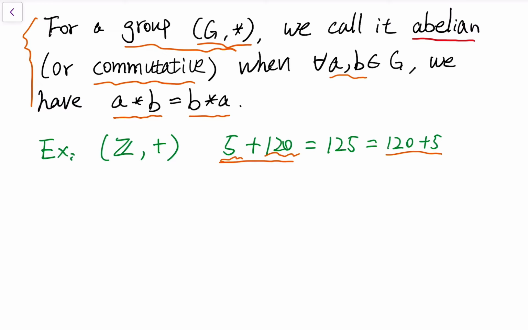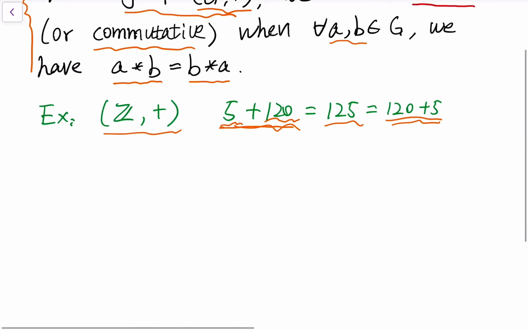But no matter how we change the order, both have the same result, 125. This is true for any integers when we do the addition. So this means the group of integers under addition is an Abelian group.